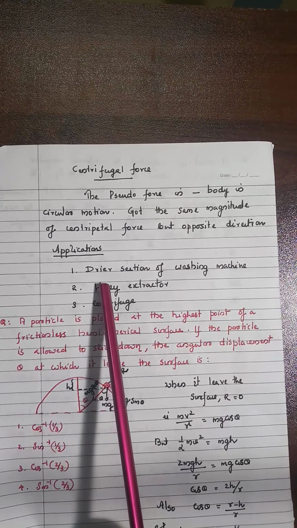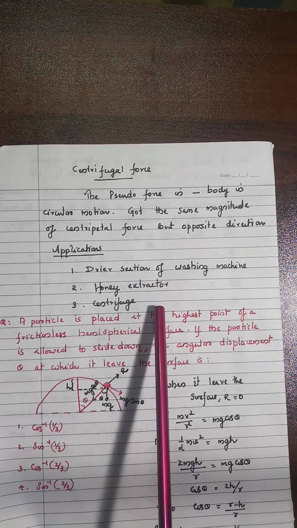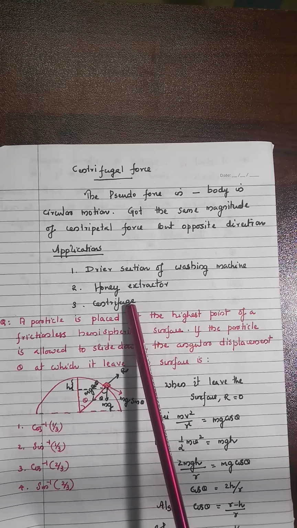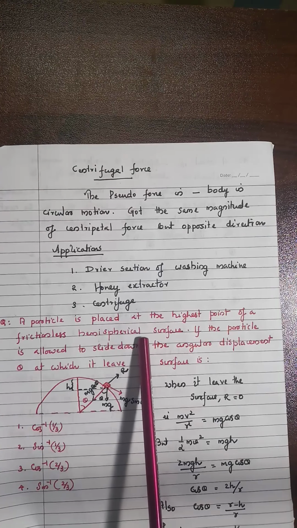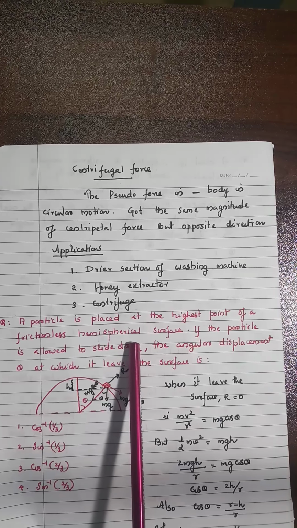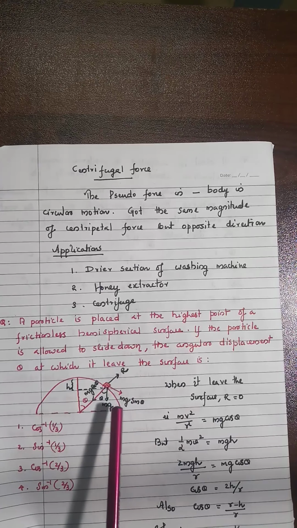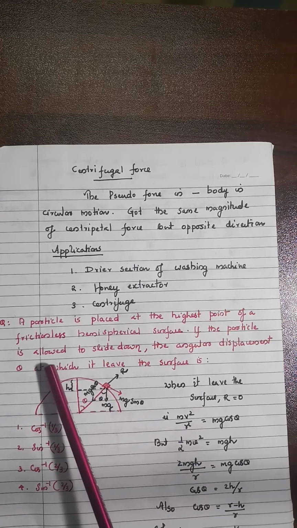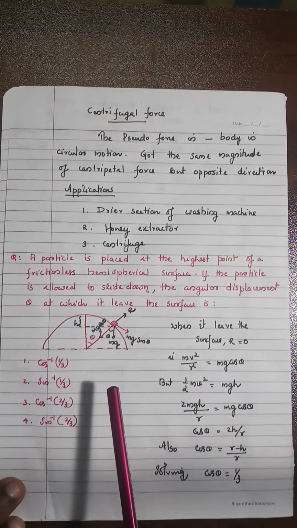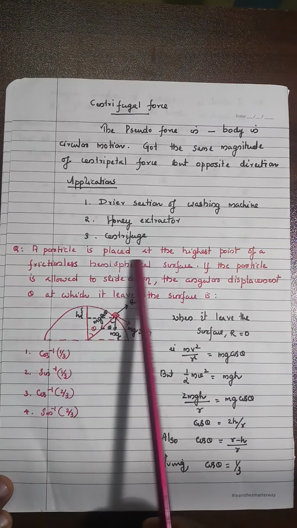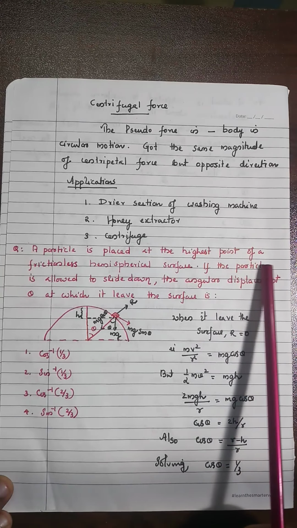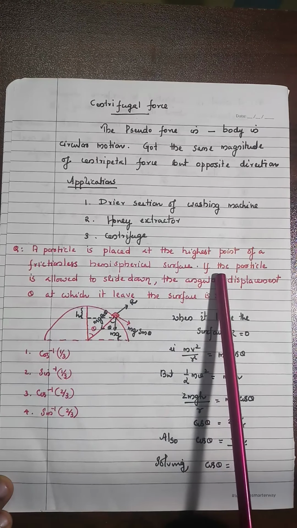The principle of the dryer section of our washing machine, the honey extractor, and the centrifuge are the best examples of centrifugal force. Look at a very good question. A particle is placed at the highest point of a frictionless hemispherical surface.